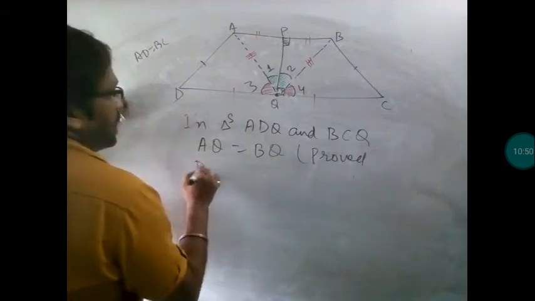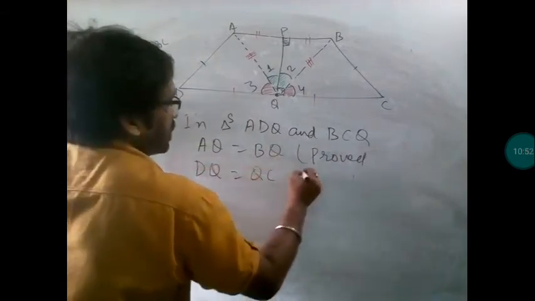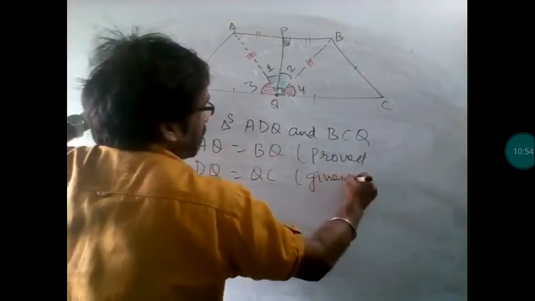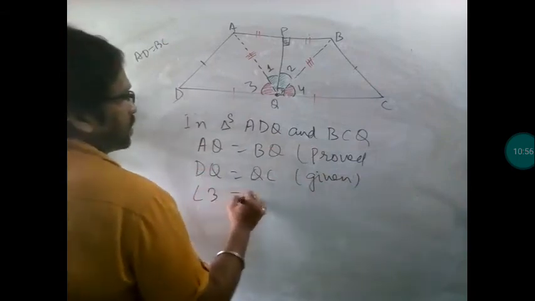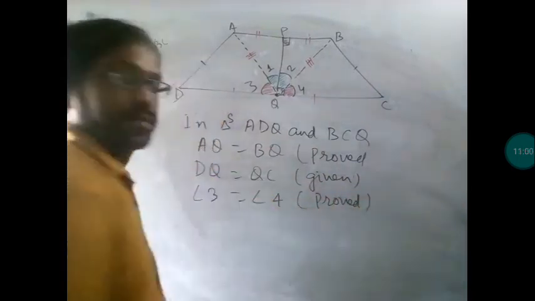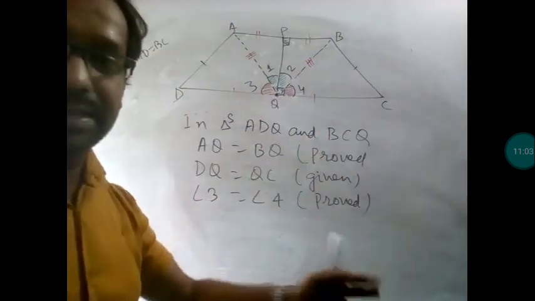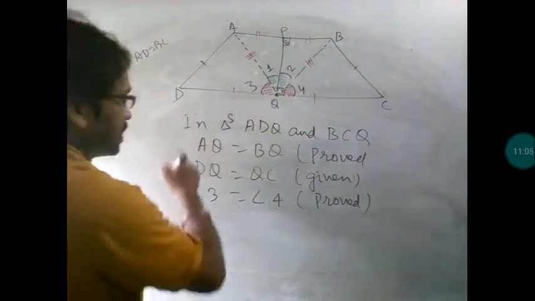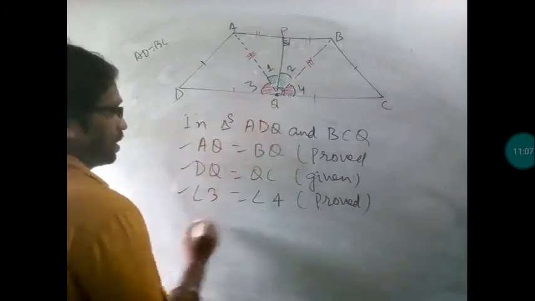Angle 3 is equal to angle 4, also proved, and DQ is equal to QC, it is given because Q is the midpoint of CD. So again, by the side angle side rule, these two triangles are congruent. Three relations we have found.